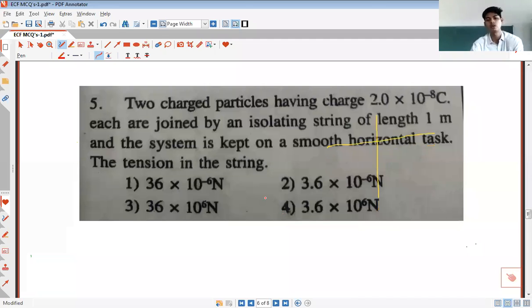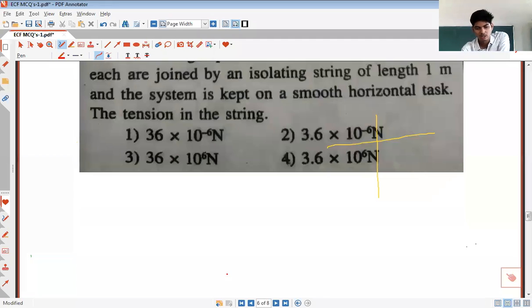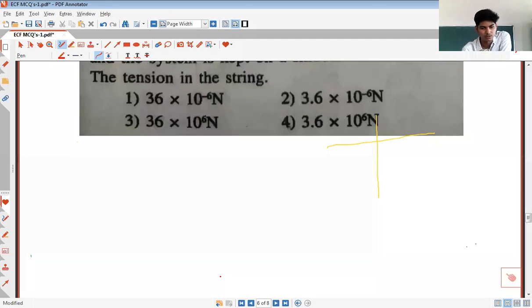So according to the problem, there are two charged particles, each having a charge of 2 into 10 to the power of minus 8 coulomb. They both are joined by means of a string and they are kept on a table, right? Now you need to calculate the tension in the string. See, the problem situation is like this.